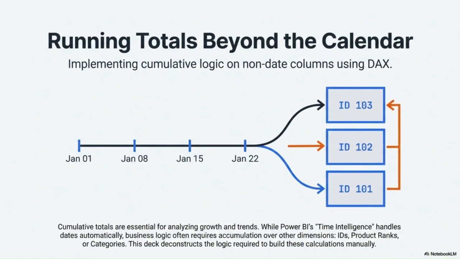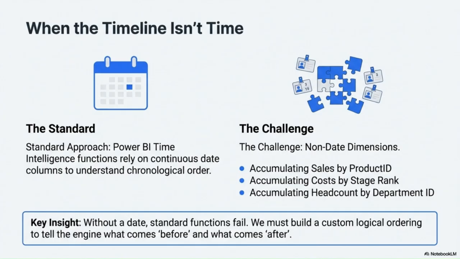Welcome back. In this video, we are going to learn how to create running totals without using date columns. Most tutorials focus on time-based running totals, but in real business scenarios, we often need cumulative calculations based on categories, ranking, or numeric sequence.